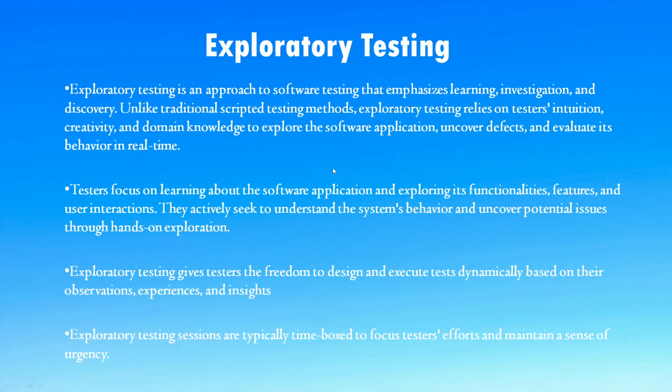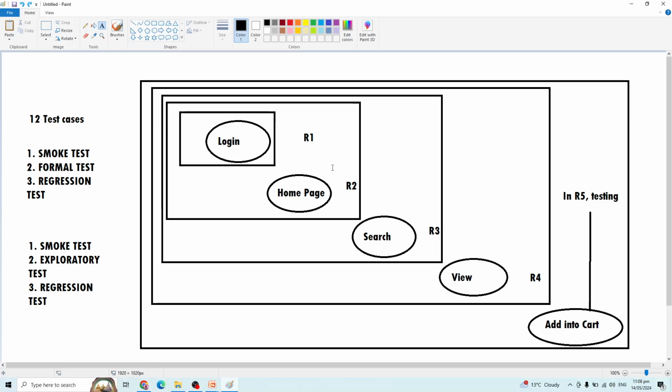Next is exploratory testing. In formal testing, you analyze the requirement, design the test cases, and execute using those test cases. Exploratory testing is a kind of informal technique. You don't need to write or analyze all of that. Directly open the application, open the add to cart, perform the action and make sure it's all working well.